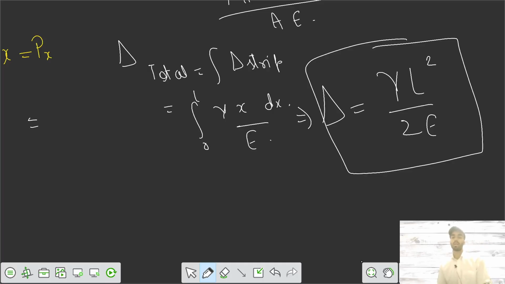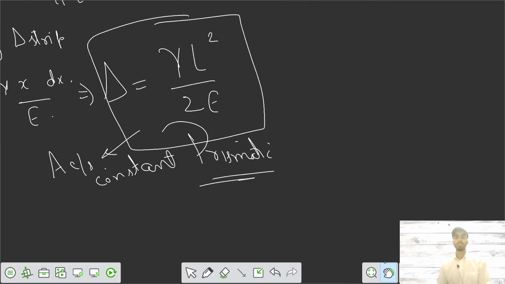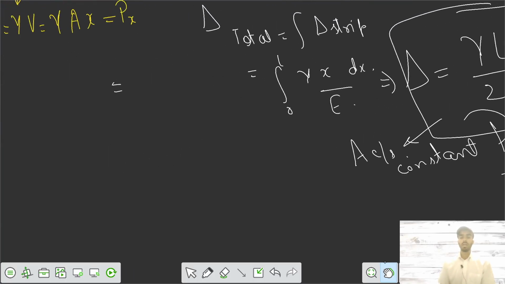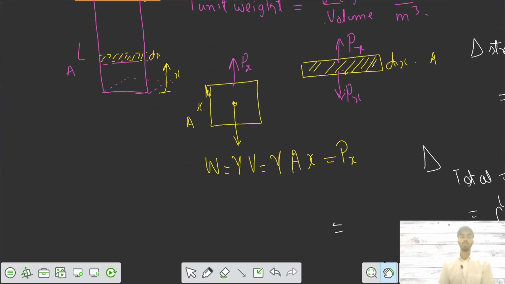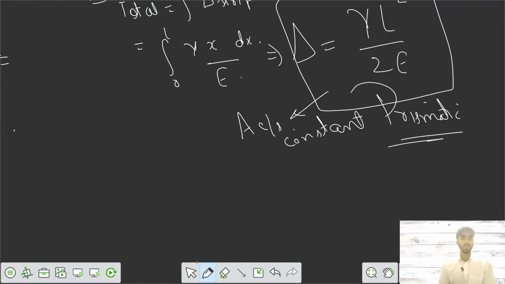This was for a bar for which area cross section is constant. That's a prismatic bar. Along the length, area is not varying. So delta equals gamma L squared by 2E. If you represent it in terms of W, the total weight of the body, weight equals gamma into volume, and volume is area into length.